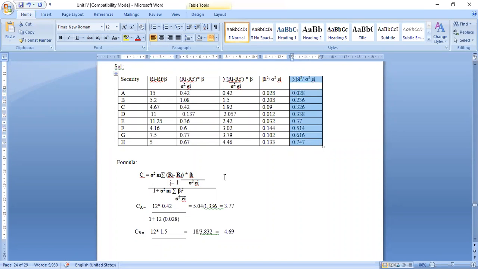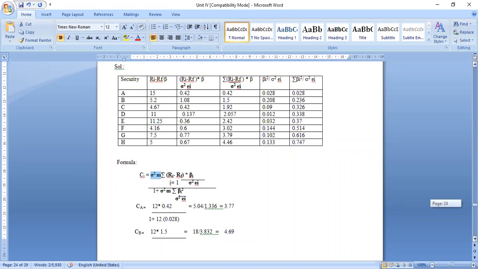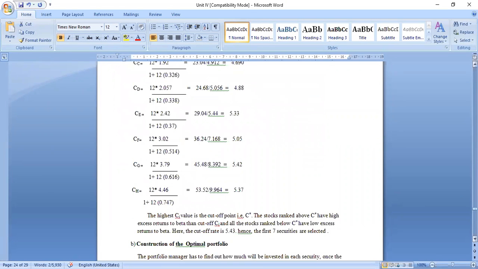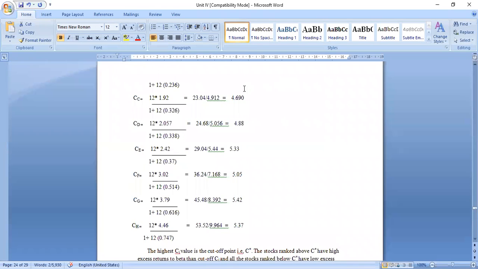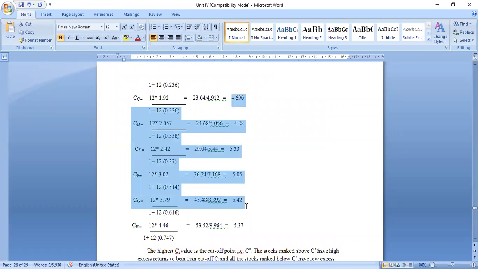The only thing is, the value of market index variance had to be inserted for numerator and denominator, and we had to multiply it. So these are the values. Now these values are very important for us to find the cutoff point. The last values that you're getting are 4.690, 4.88, 5.33, 5.05, 5.42, and 5.37.